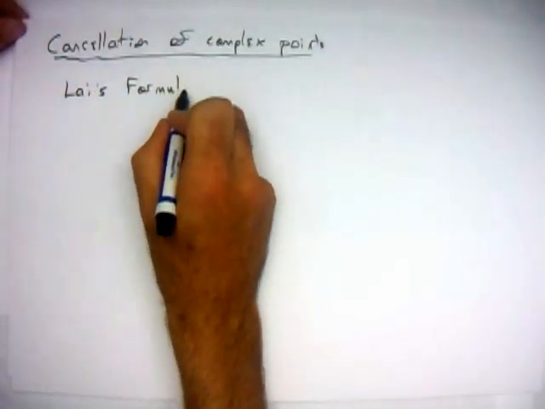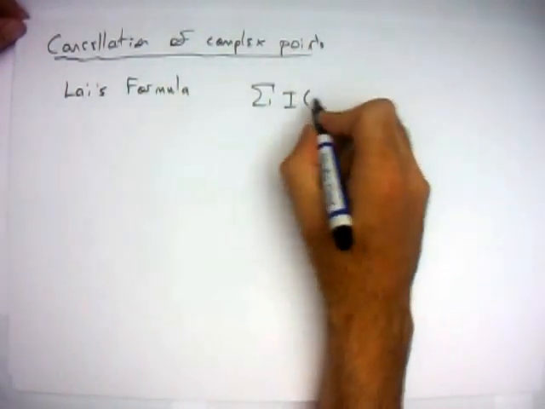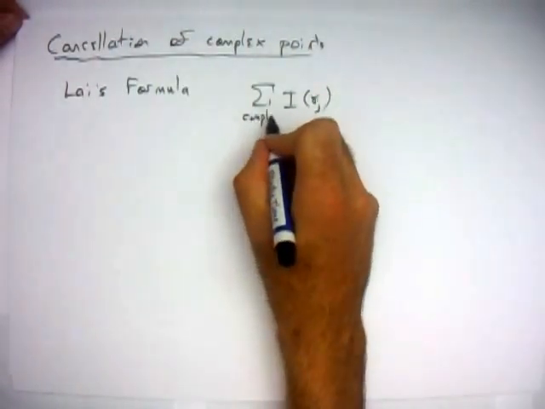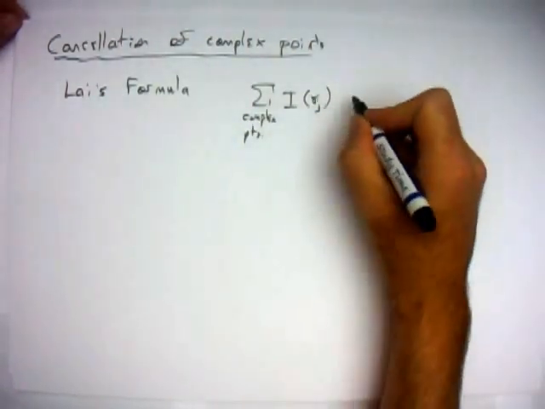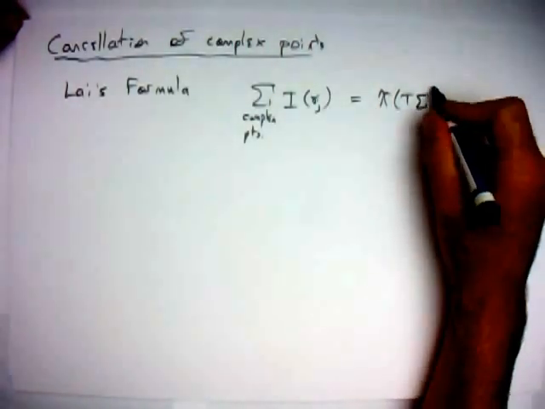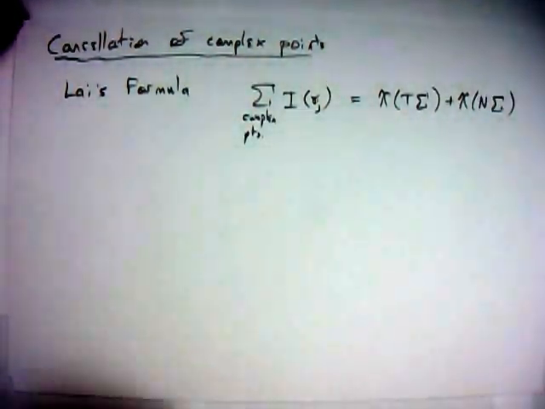So Lie's formula says that the sum of the indices of complex points is the Euler number of the tangent bundle of your surface plus the Euler number of the normal bundle of your surface.